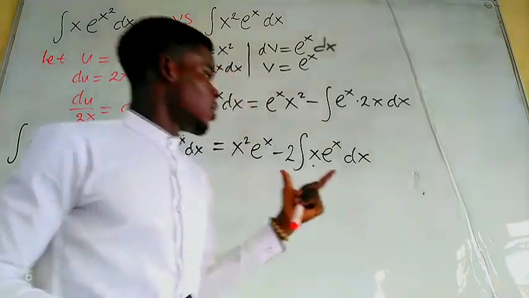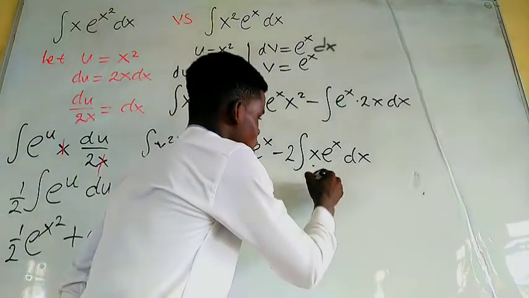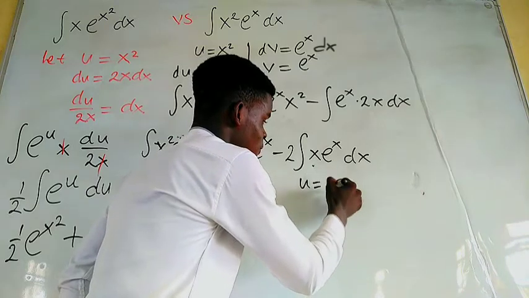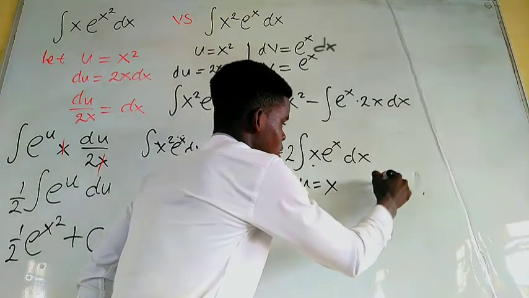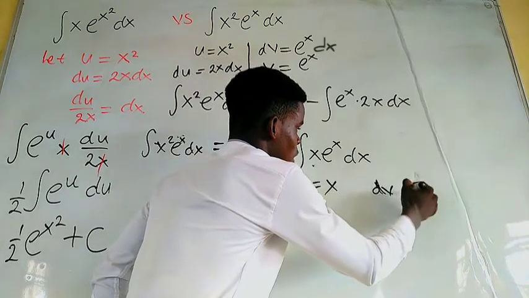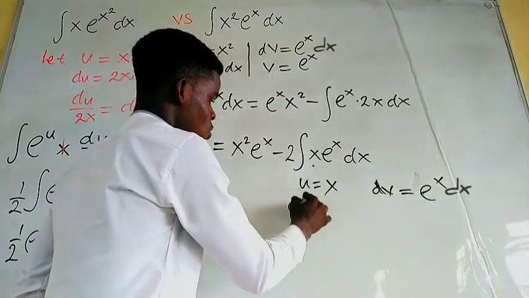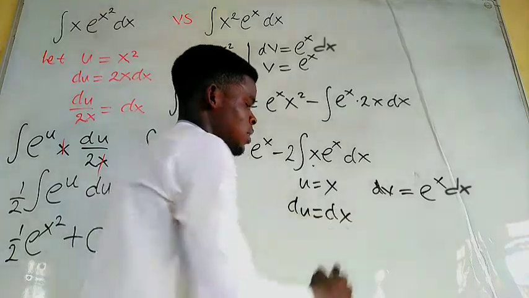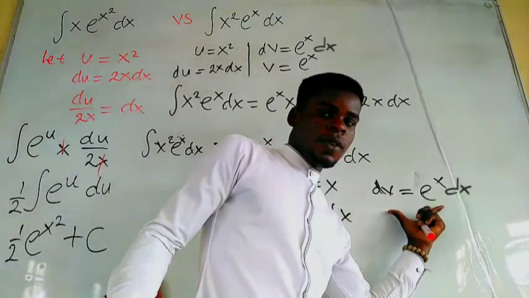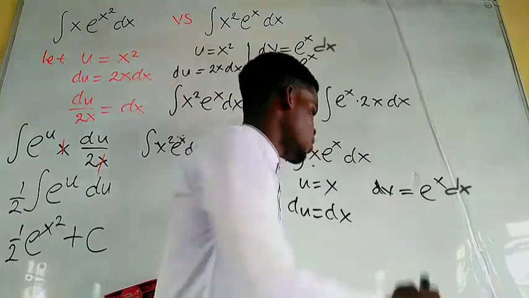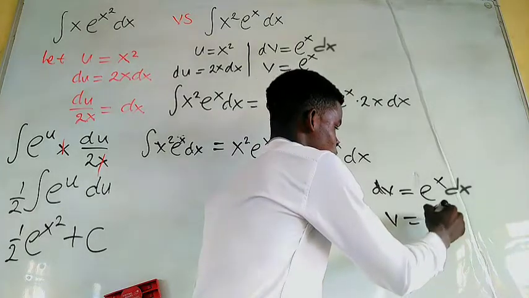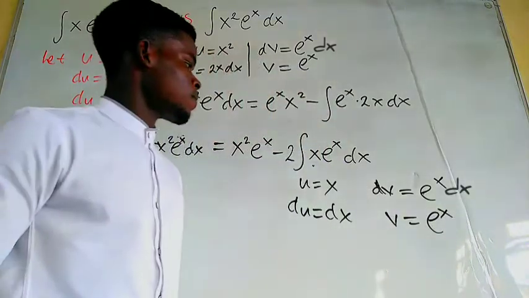So here we still need to integrate this again, and we're still going to make use of integration by parts. So we can just say, okay, let's differentiate u, and let's integrate v. So I'm going to have dv equals e to the power of x dx, and u is x, so du is just dx, and to get v we need to do some integration, so we have that v is still e to the power of x.